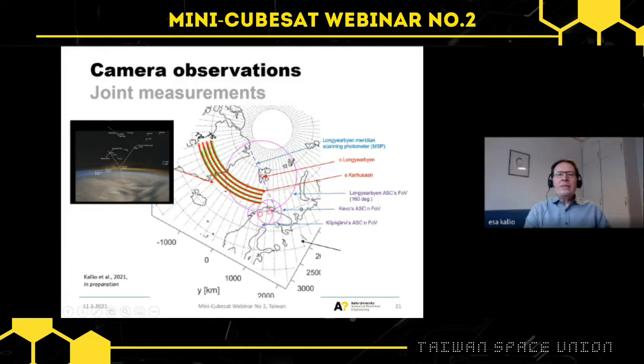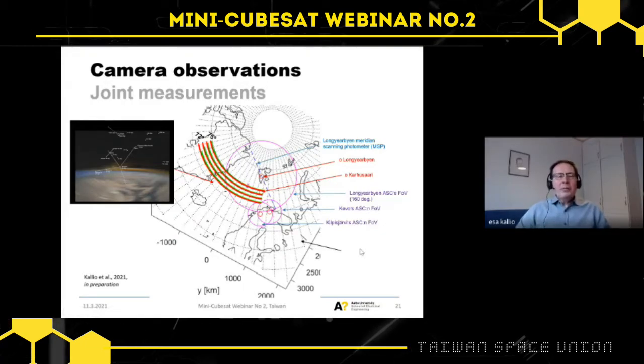And of course, we have really many magnetometers. So this means that we are now combining our photograph with other photographs taken at the same time from the same region, and also the magnetometer data that we have.